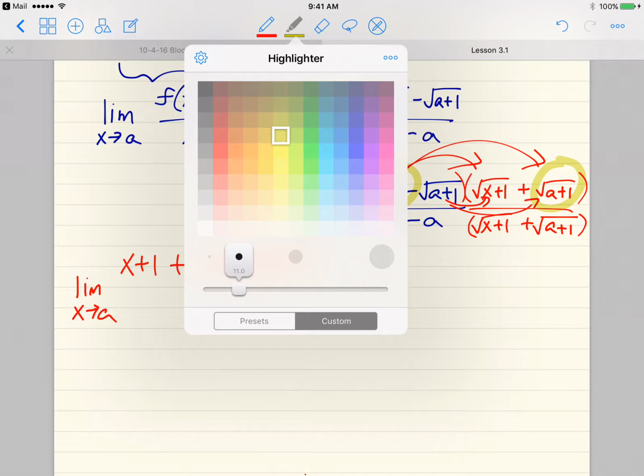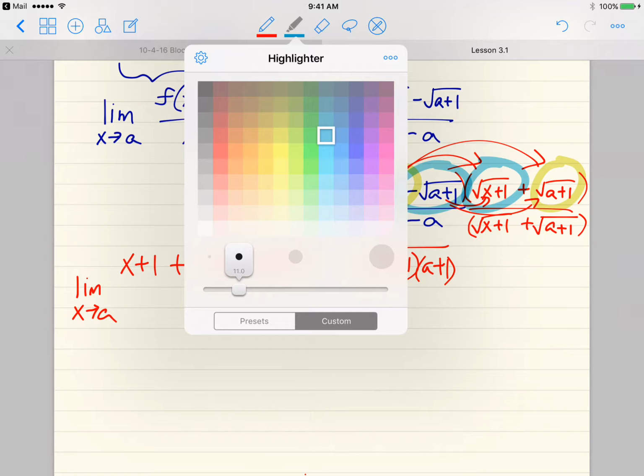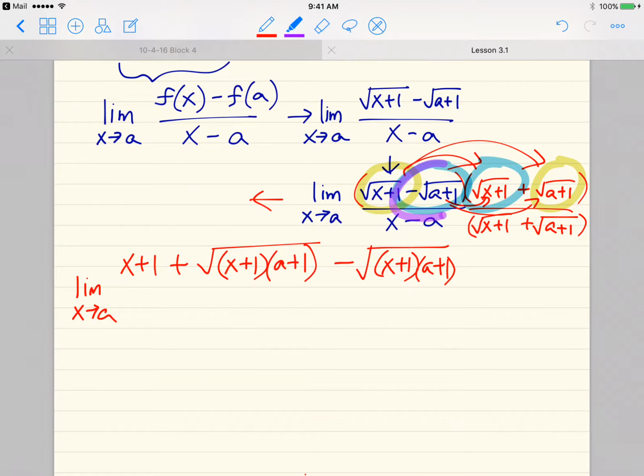Next, we have to multiply negative radical a plus 1 by radical x plus 1. That becomes negative times positive, which is negative, so negative radical of x plus 1 times a plus 1. And then finally, I have to multiply negative radical a plus 1 by radical a plus 1.